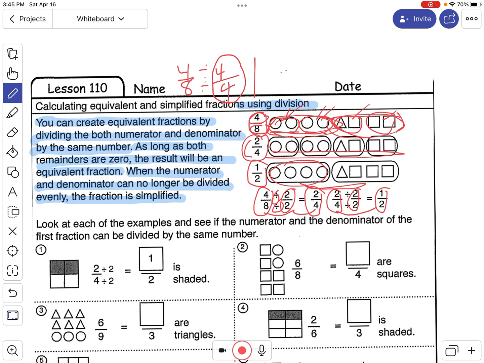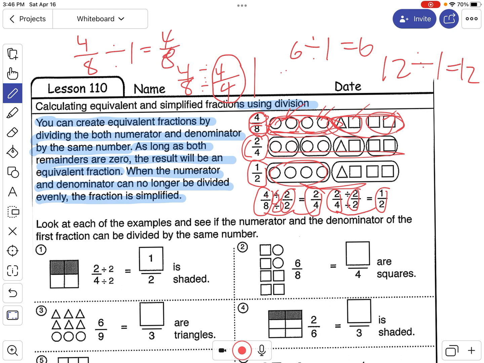Well, when I divide any number by 1, 6 divided by 1 is 6. It's the same number. It's worth the same amount. 12 divided by 1 equals 12. And so 4/8 divided by 1 is still 4/8.